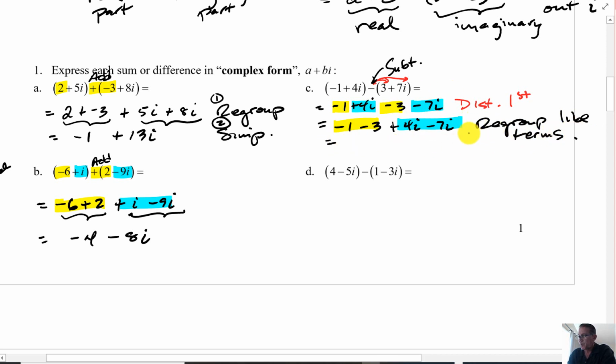So distribute first, then regroup, and then you simplify. So here I see negative 1 minus 3, right, which is negative 4. And here I see 4 minus 7, which is a negative 3. So you get a negative 4 minus 3i. So step 1, you distribute. Step 2, you regroup. Step 3, you simplify what you see.